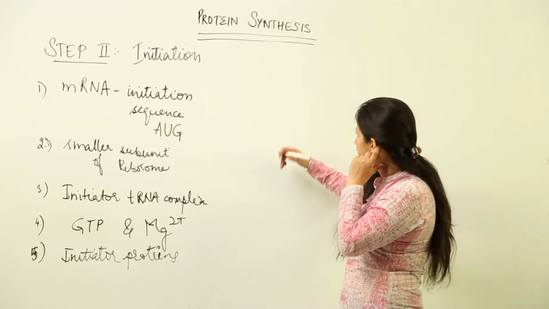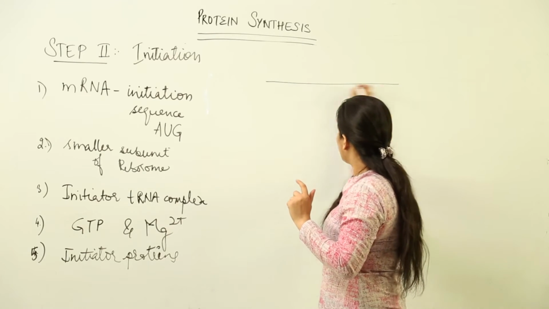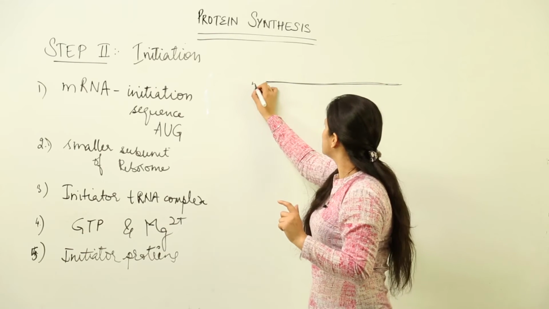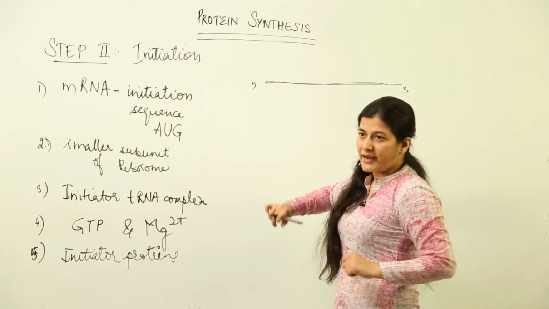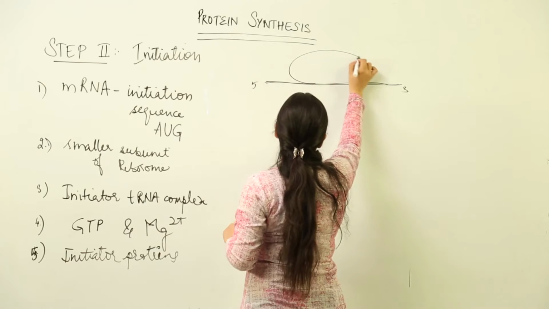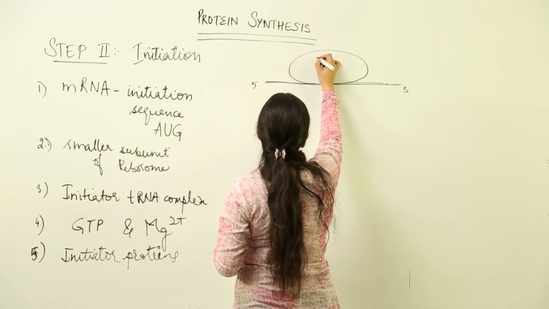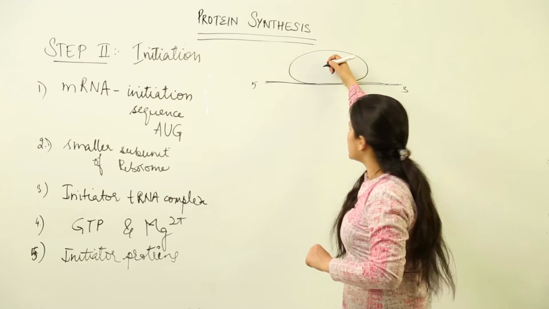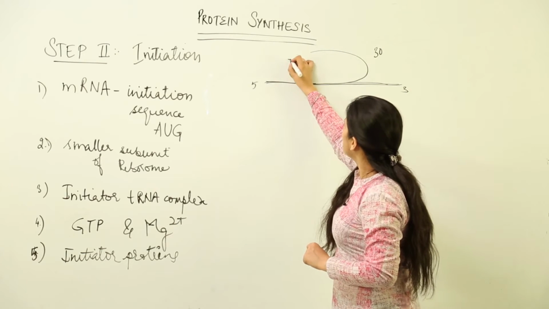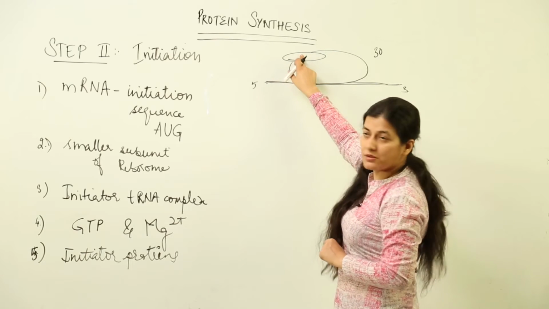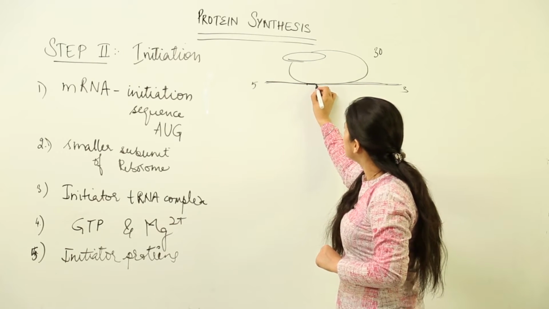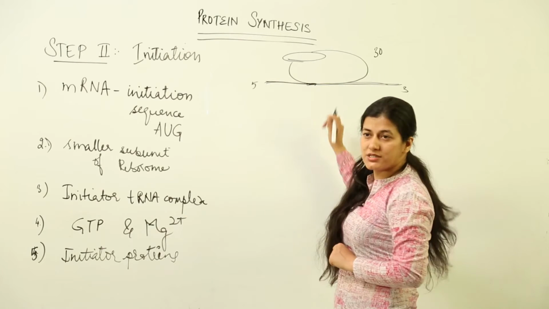Now, what we have is an mRNA, okay, it's like this. Now, at this RNA, what happens is the 30S unit, supposedly we are talking about the prokaryotic ribosomes, the 30S unit with an initiating protein comes and joins at the initiator sequence.